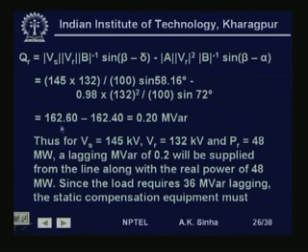So, after calculating, this comes out to 162.60 minus 162.40, which is equal to 0.2 megavar.